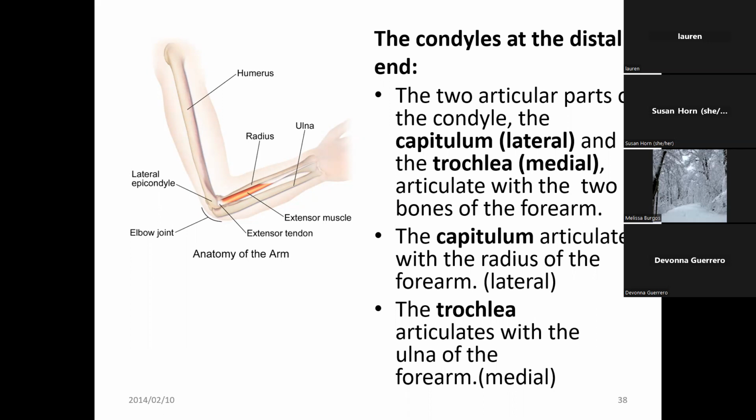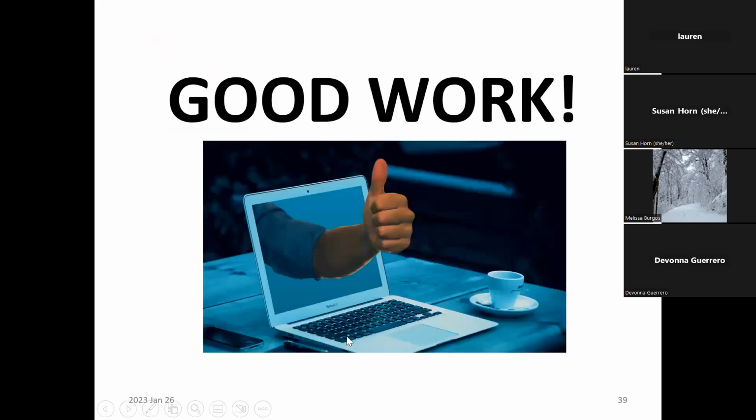And so the trochlea articulates with the forearm, with the ulna, on the medial aspect. Capitulum, lateral aspect. So thumb side is lateral. Yes, good. All right, so just know if you see capitulum or trochlea, they're talking about the elbow.